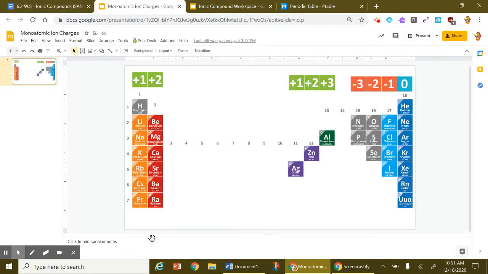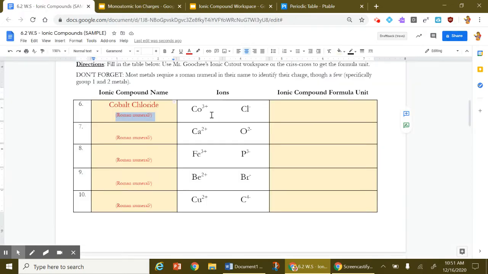Is cobalt listed here as an ion that has a definitive charge? I do not see it. I do not see cobalt here at all, which means it's one of those ions that can have multiple charges. So this is cobalt with a 3 plus charge. I'm going to make this cobalt(III) chloride. Okay, very good. That's the name of this compound I'm going to make.